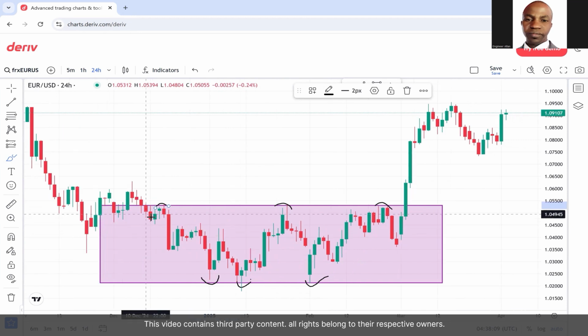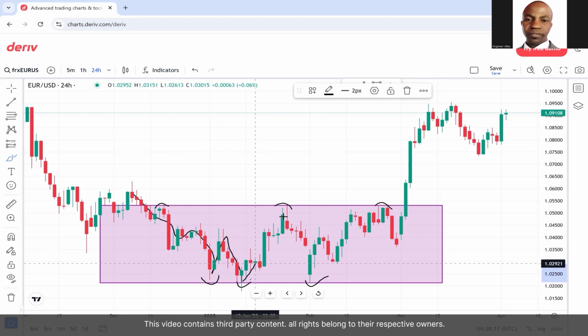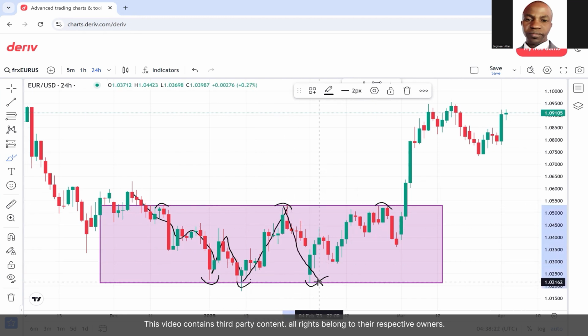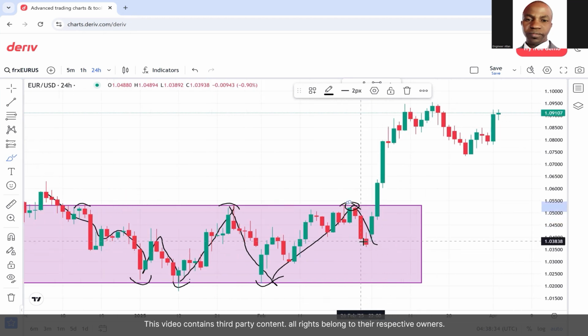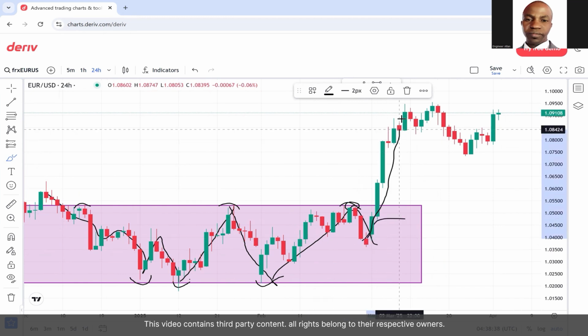The price comes down here, goes up, comes down here, goes up to this particular area, comes down here, and then the price goes up here, and then falls a little bit down because of this particular area, which is a resistance zone, and then you see the price going up.